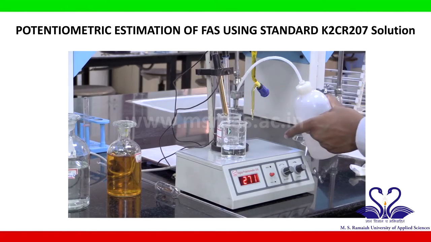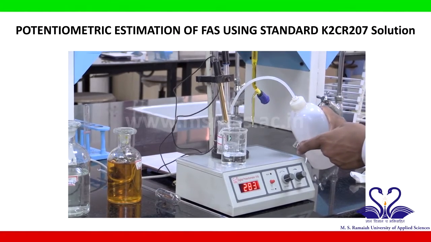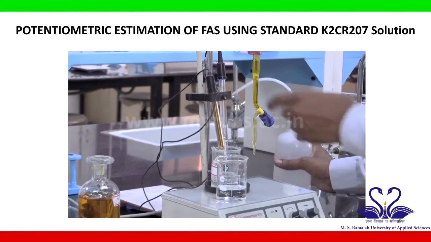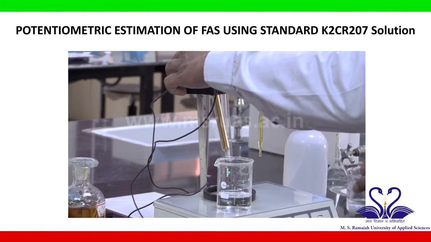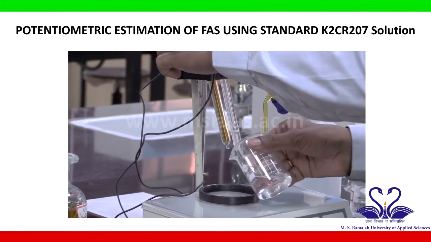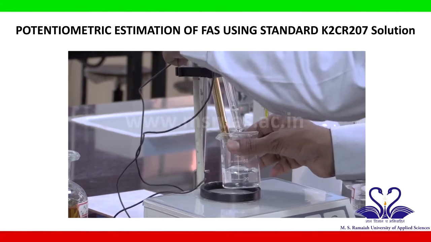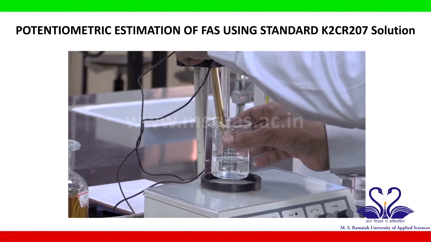Wash the electrode a little bit here itself, and take this out, and then place it in the analyte solution having FAS and sulfuric acid.